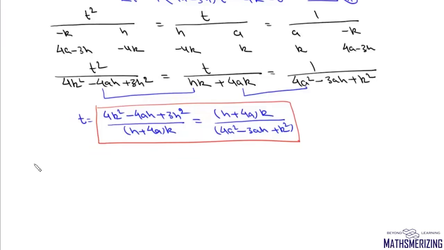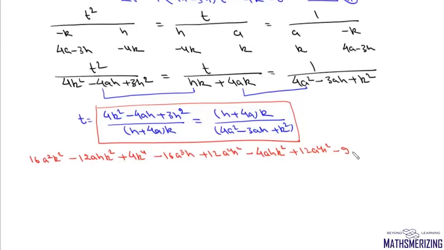So we'll cross multiply, we'll get 16a square k square minus 12ah k square plus 4k to the power 4 minus 16a cube h plus 12a square h square minus 4ah k square, and then plus 12a square h square minus 9ah cube plus 3h square k square, and it is equal to k square into h square plus 16a square plus 8ah.